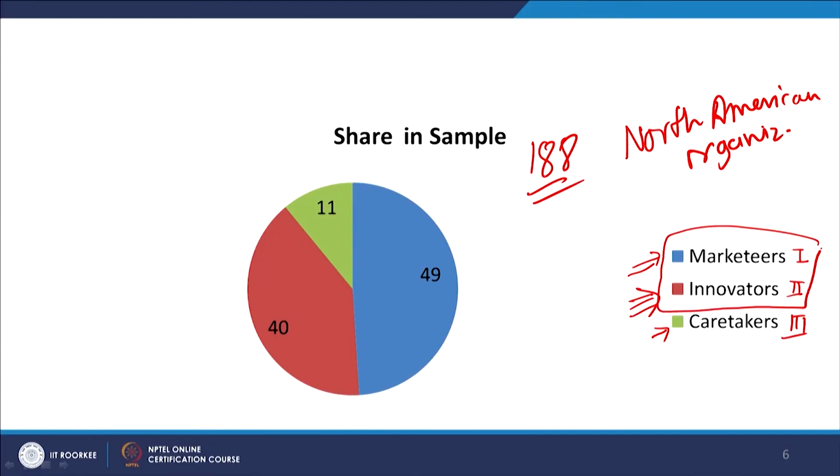Organizations need to develop their own strategic type, and it is good if we have a combination of marketeer and innovator, where we are able to introduce new products quickly, and these new products are as per the expectations of the market. If that type of strategy is developed for my organization, that is going to give me the best competitive weapon in this volatile market.